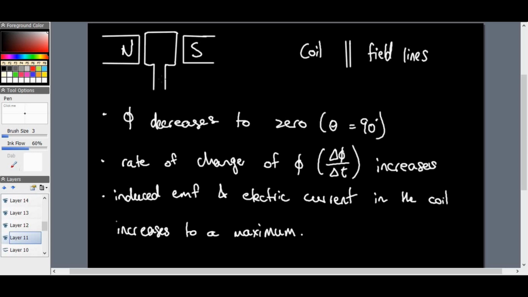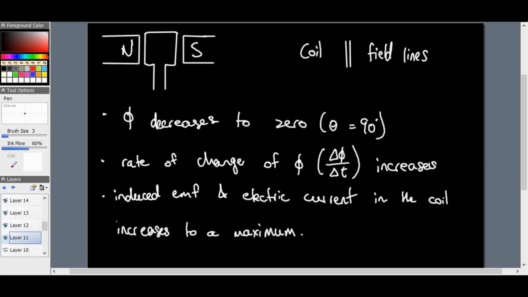Now the opposite will be true when the coil is vertical, or perpendicular to the field lines. Let's have a look at that opposite quickly. Something to mention quickly: alternating current is used in a generator, which is the right-hand rule, but the left-hand rule, which was not taught last year, is for a motor.